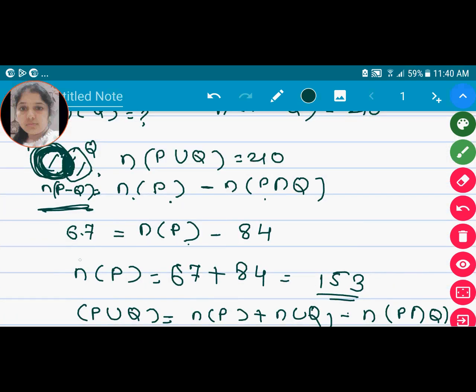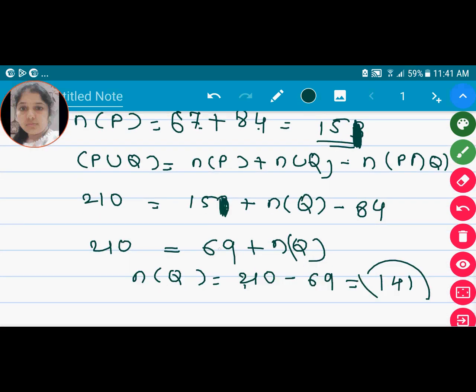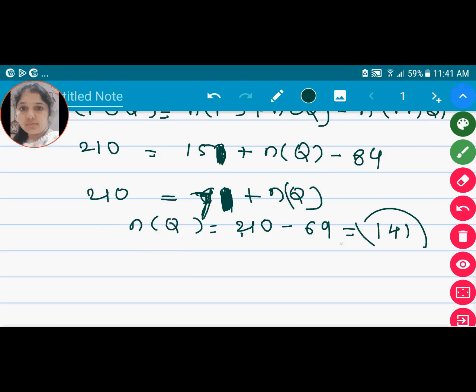P minus Q is equal to 67. P intersection Q is equal to 84. It is 151. 7 plus 4, 11. So 151. So it is 71. 210 minus 70 is equal to 140.